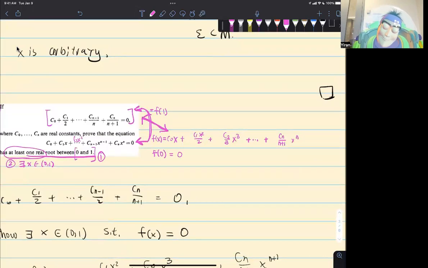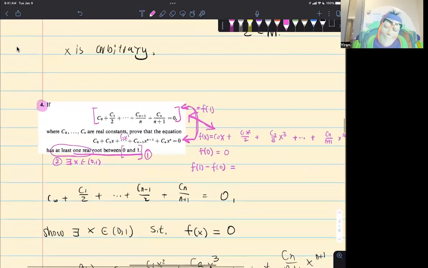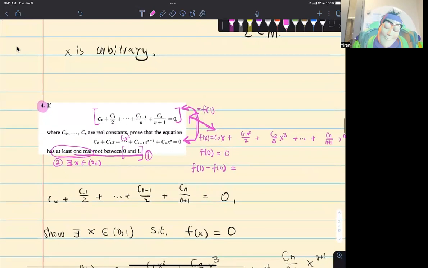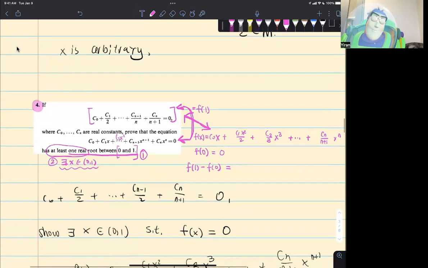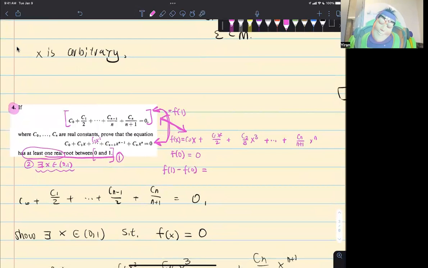So if we try the mean value theorem, why do I want to use it? Because our goal is to show the existence of an element in a certain interval that has certain properties. That just reminds me of the mean value theorem.